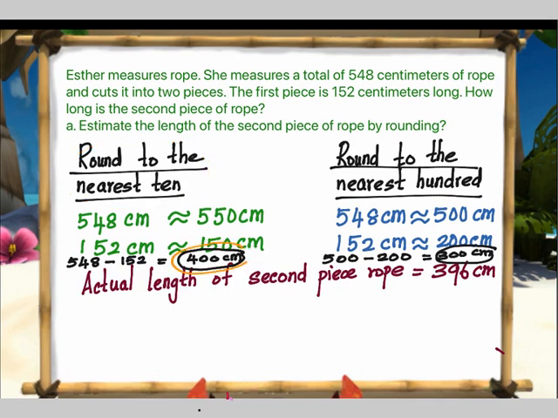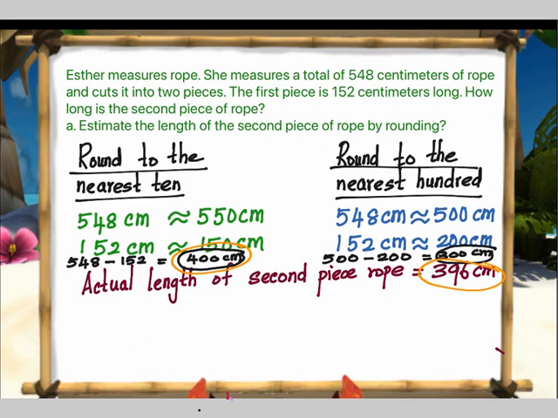So 400 is closer to the actual second piece of rope. So rounding to the nearest 10 gives us a more precise value of the actual length.